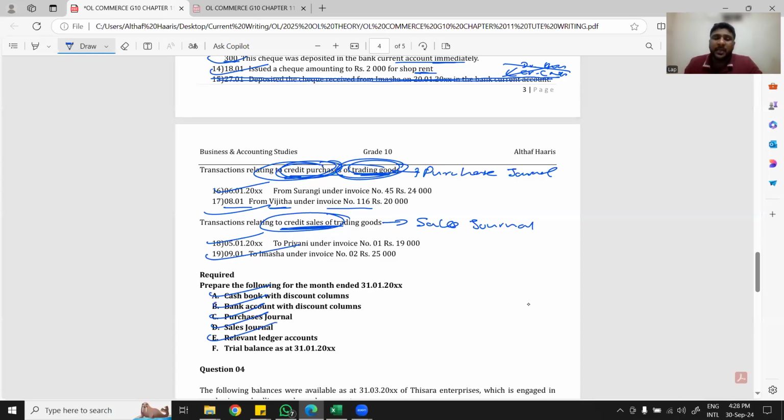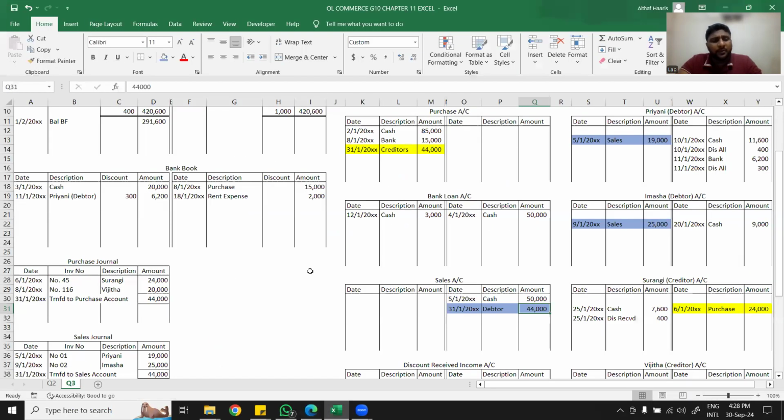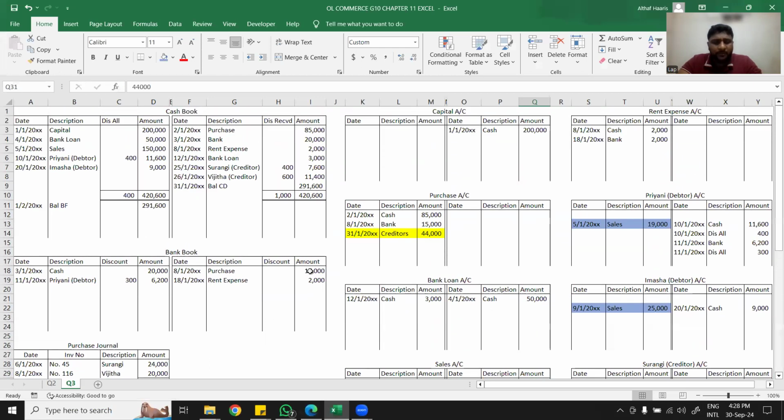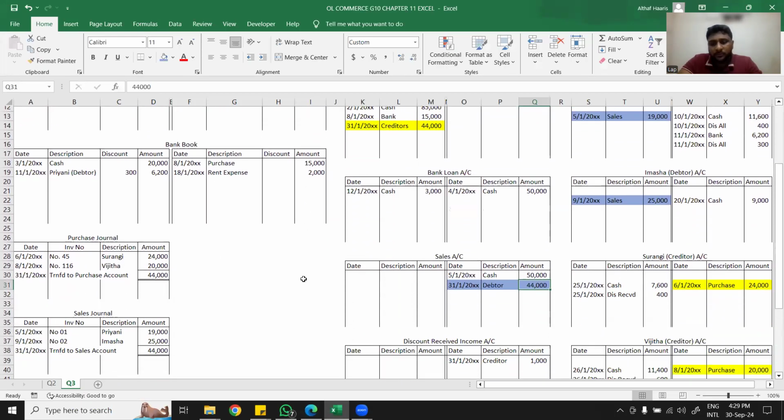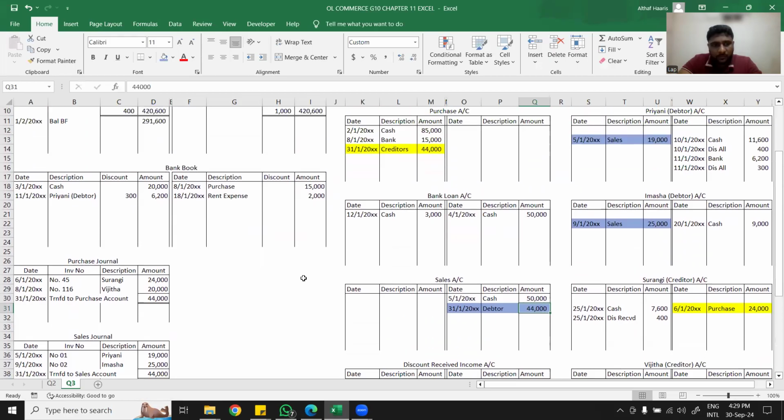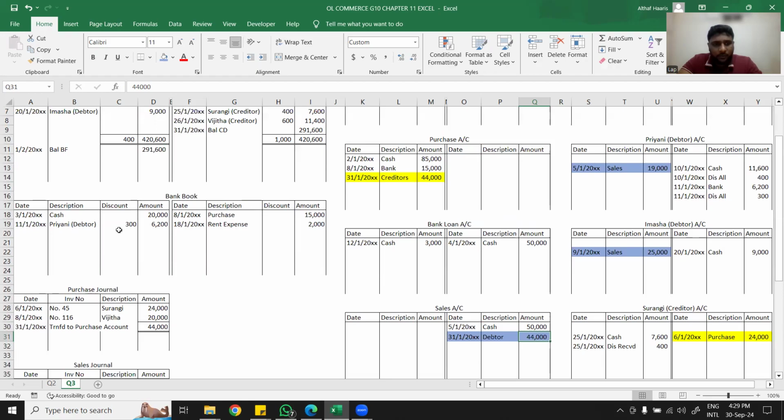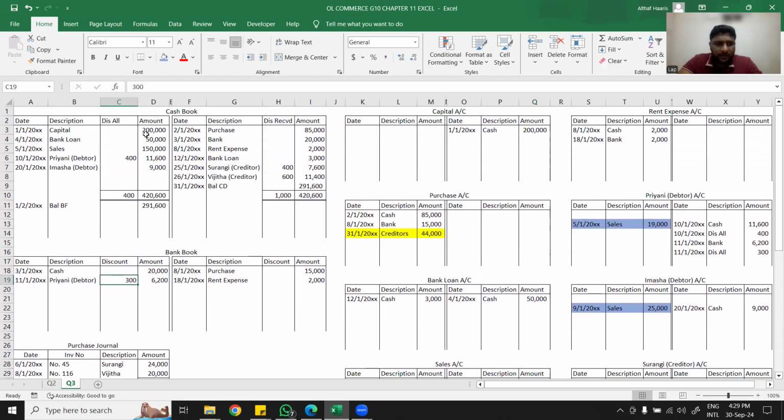Now we have to prepare the trial balance. Get the balancing figures, Lama. In the bank account, there is a discount allowed, no? You have to put it to the discount allowed.